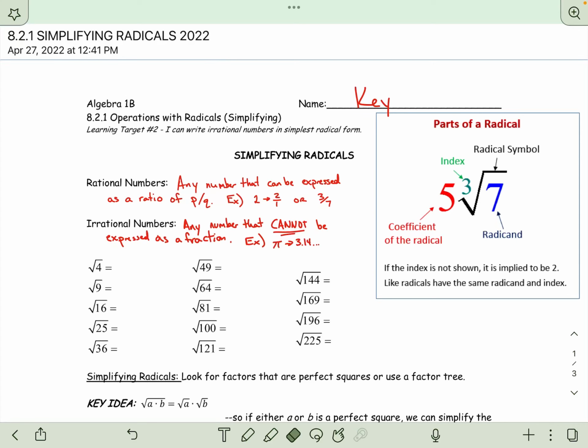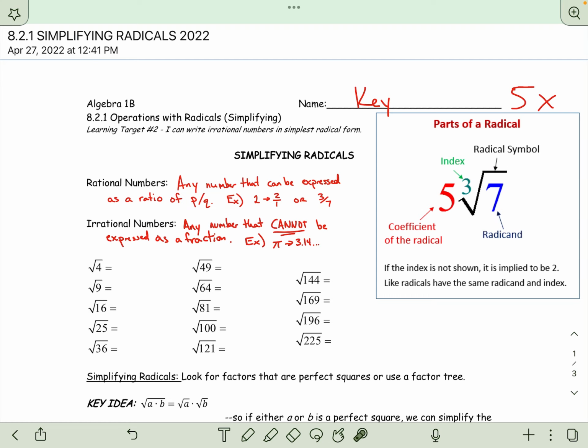But a radical, right, is something that looks like this. It's a radical symbol, and then underneath the radical symbol, you have what's called the radicand. So that is the thing, like if we take the square root of 9, 9 would be called the radicand. This is the coefficient that's out front. Remember coefficients, just like if it's 5x, 5 would be the coefficient. So it's being multiplied times x. It's the same case here. You have 5 times the third root of 7.